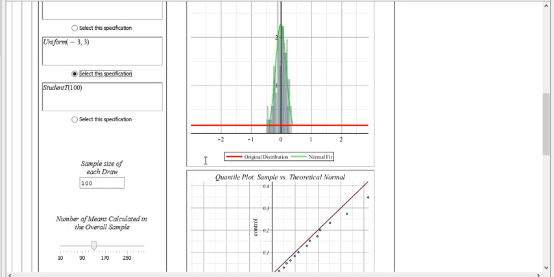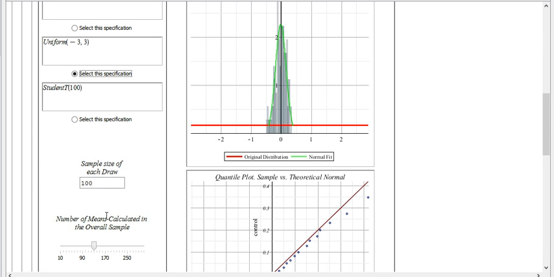The distribution that comes out is this blue distribution. Then we draw a normal distribution that corresponds to the mean and standard deviation of this histogram. What we will notice is that the histogram really looks like this green line, which corresponds to a normal distribution.